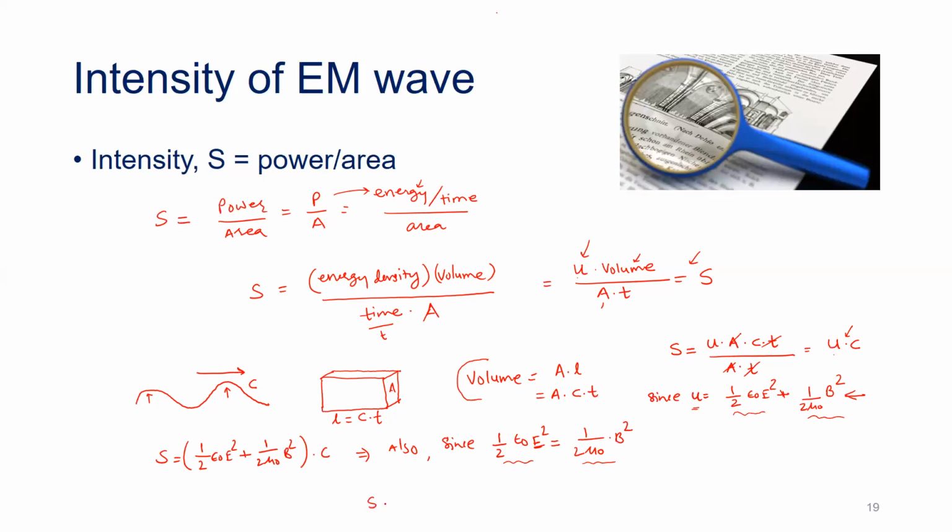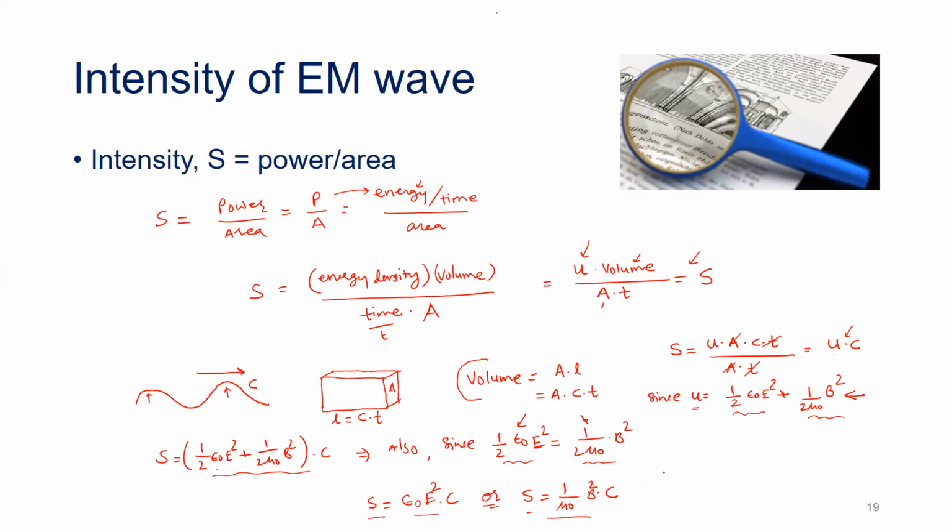Therefore we can write S is equal to epsilon 0 E squared multiplied by c, or S is equal to 1 divided by mu naught times B squared multiplied by c. You see that these two parts are equal, so you can plug this value into the expression and represent S in either this form or this form.